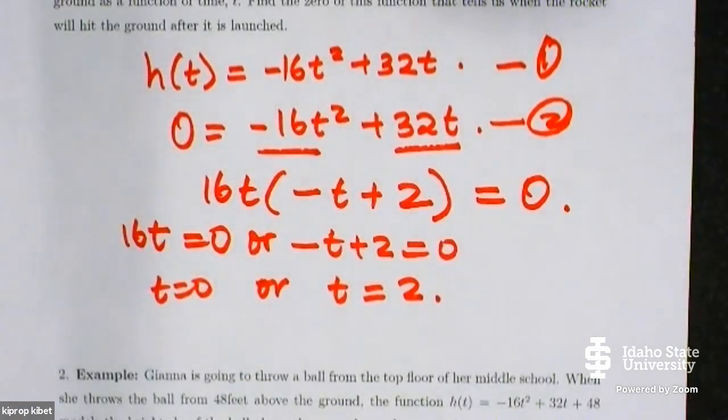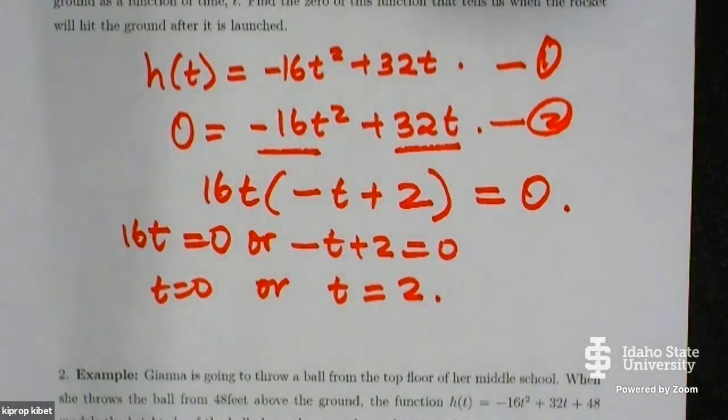And then step number 7, answer the question with a complete sentence. So what you say is, at time t equals 0, the rocket just landed.